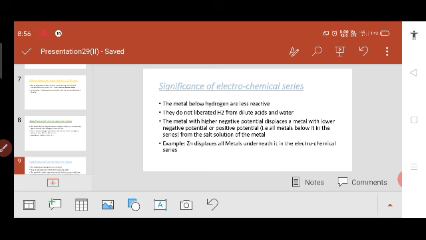The metals below hydrogen are less reactive. They do not liberate H2 from dilute acids and water. The metal with higher negative potential displaces a metal with lower negative potential or positive potential, that means all metals below it in the series, from the salt solution of the metal.